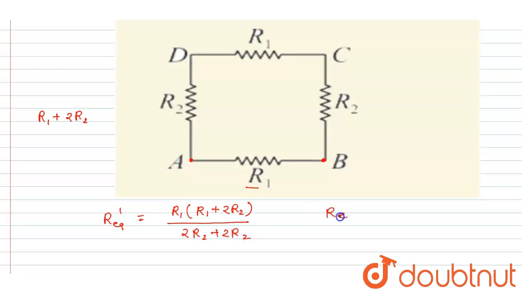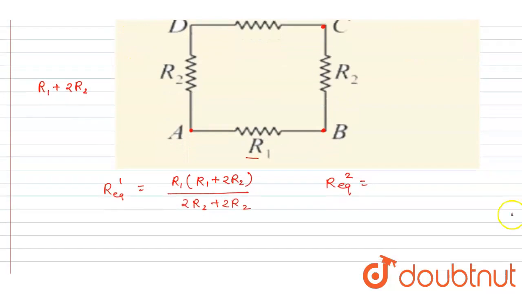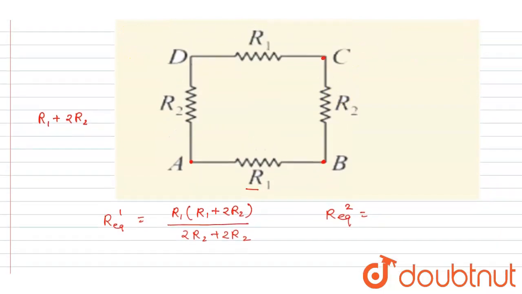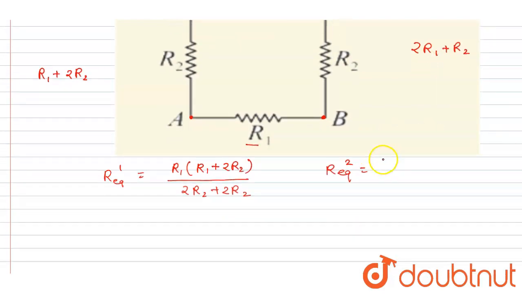In the same way we can get the R equivalent for the second case, when it is connected between B and C. Then R2 will be in parallel, and the other three will be in series. So in series there is 2 R1 plus R2. They are connected in parallel with this R2, so I will again apply the same formula, since we know that the R equivalent when two resistances are connected in parallel is R1 R2 by R1 plus R2.